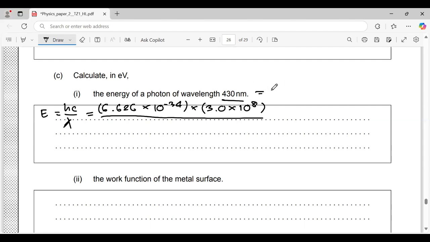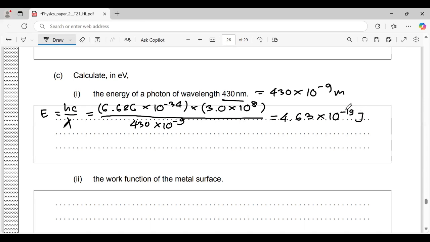I convert this into 430 times 10 to the power minus 9 meters. So, over 430 times 10 to the power minus 9. If you calculate, the result is 4.63 times 10 to the power minus 19 joule.